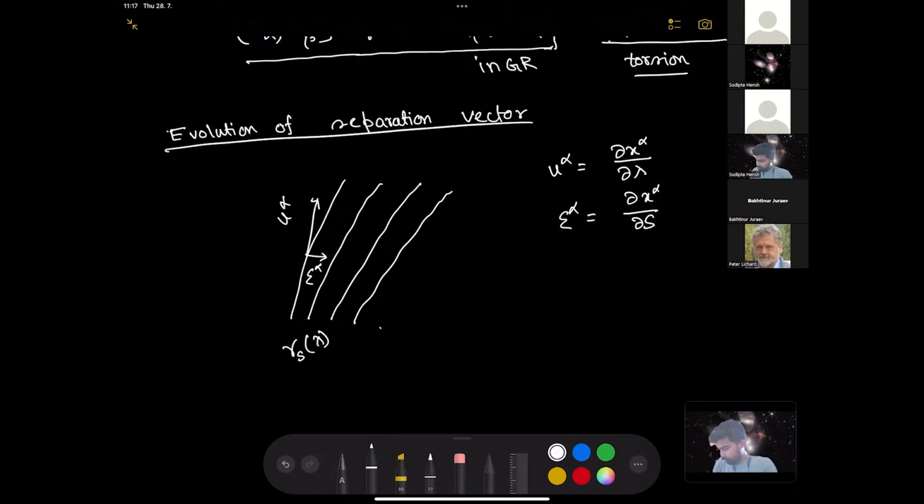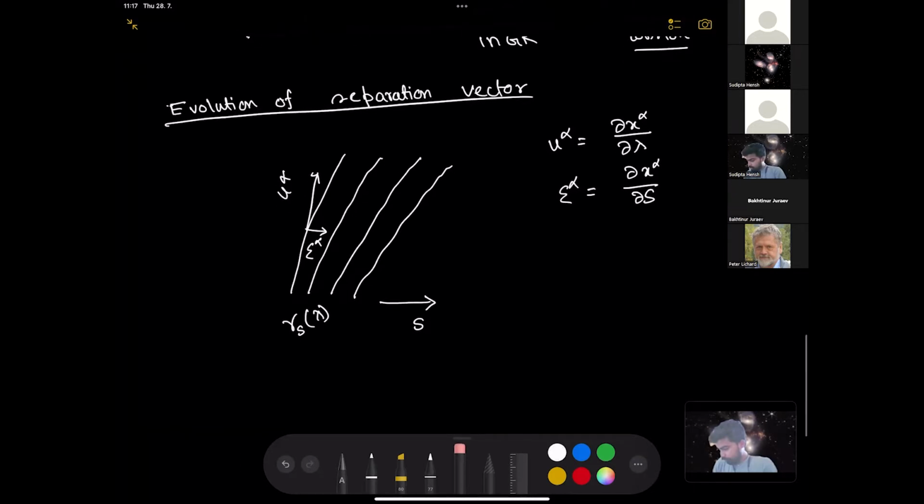So basically in this direction, S is changing. That means we are basically going from one geodesic or one curve to another curve. And each curve is parameterized by lambda. And if it is a geodesic and it is affinely parameterized, then we can say that lambda is an affine parameter.